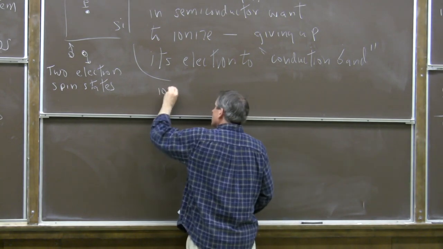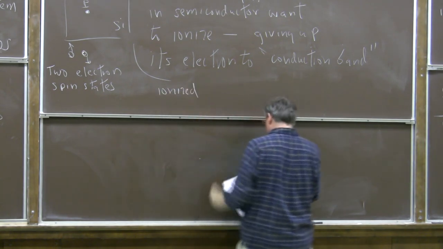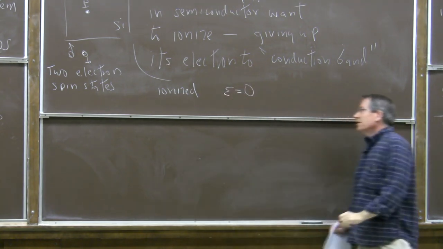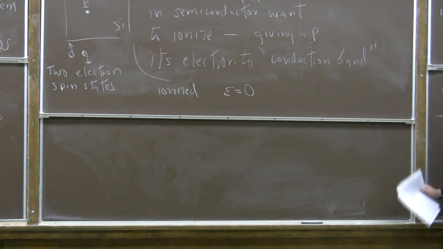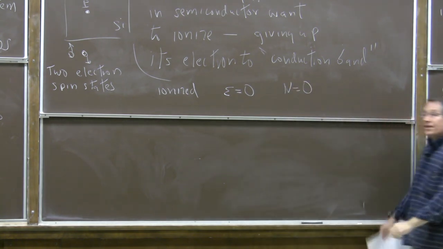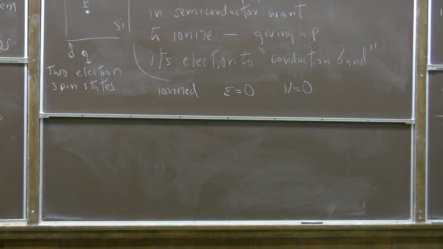The one when it's ionized, I'll set my zero of energy, so we'll call that the state with zero energy. And I'll call that particle number 0, because I'm thinking of the atom as the system. And when it gives up the electron, it doesn't have any particles anymore. It's empty, right? The electron is gone.